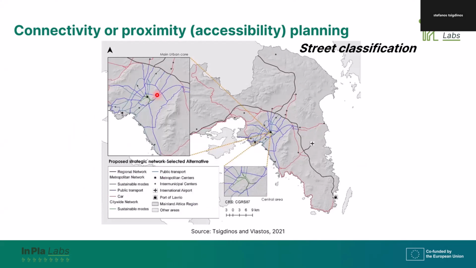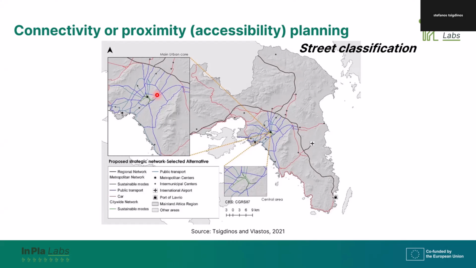So another example, of connectivity planning right now, not proximity, because the 15 minutes framework is about proximity. Connectivity is about reclassifying the streets, thinking about the connections and implementing them differently.